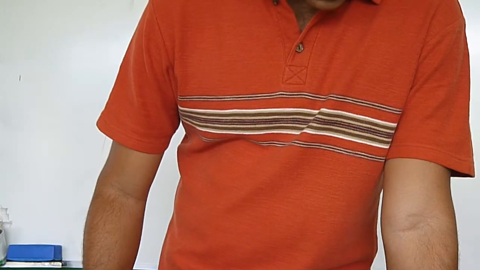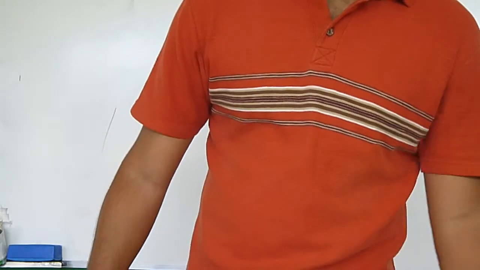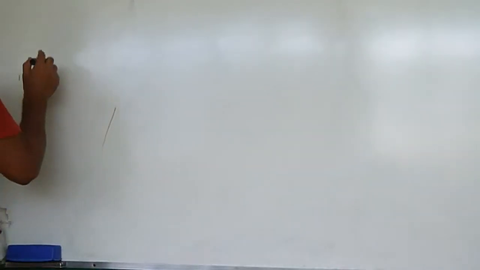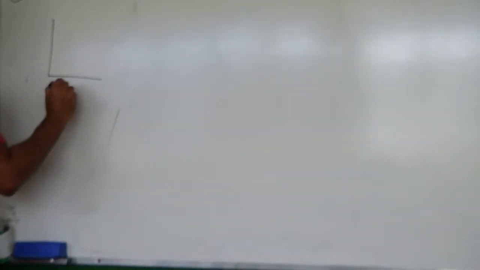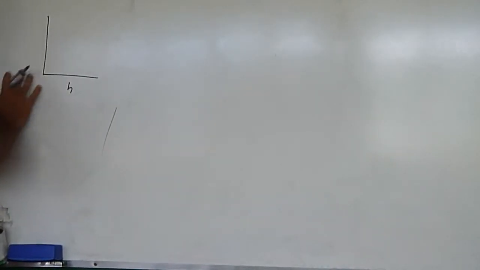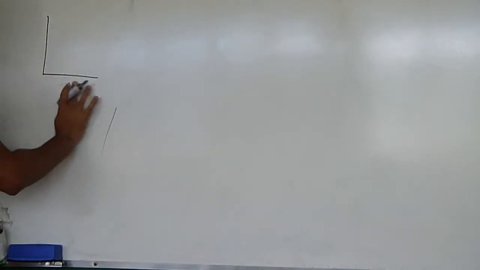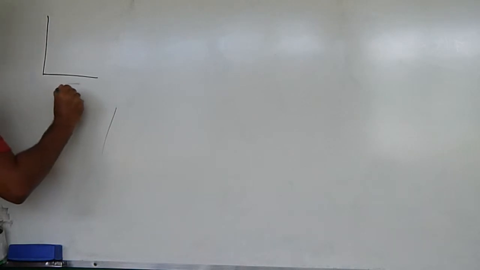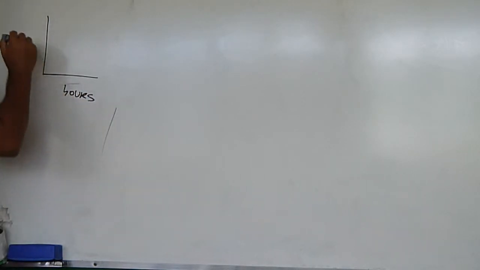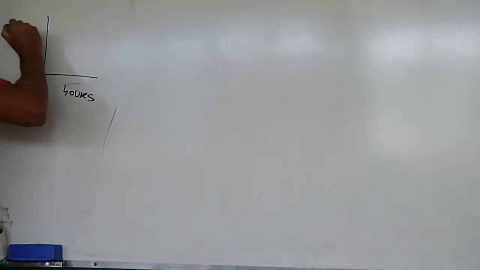Okay? So does every point on a line express a reasonable value? The graph shows something like this. This is hours, and this is the height.